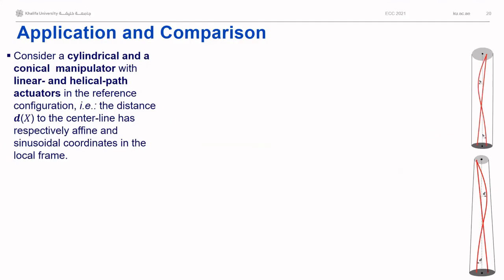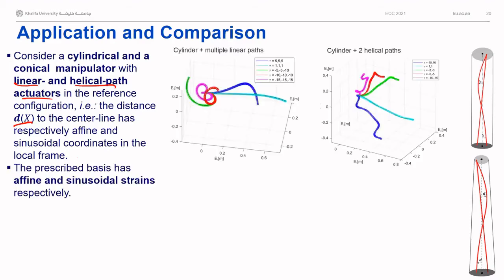We have compared this simple formula against a more general prescribed basis and against an ODE solver that can be used in this case. We consider first a cylindrical manipulator with linear and helical paths, which means that your distance d has an affine or sinusoidal coordinate in the local frame.